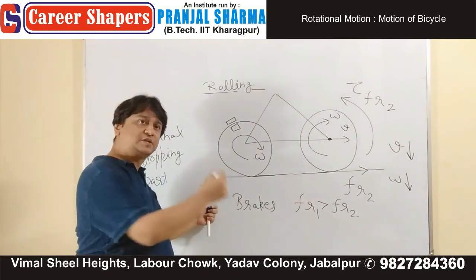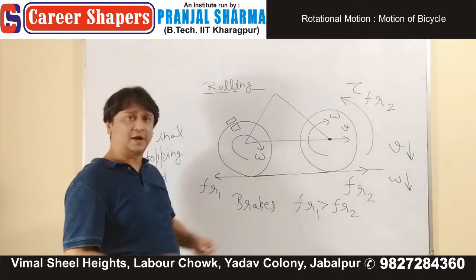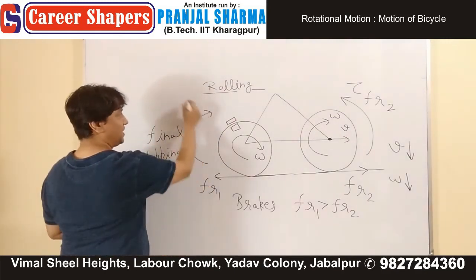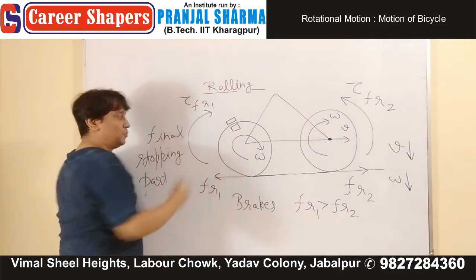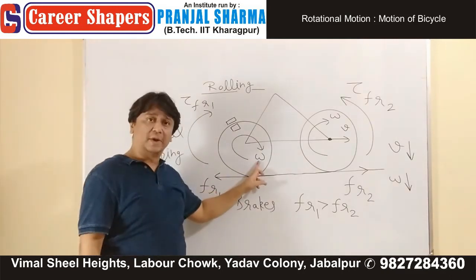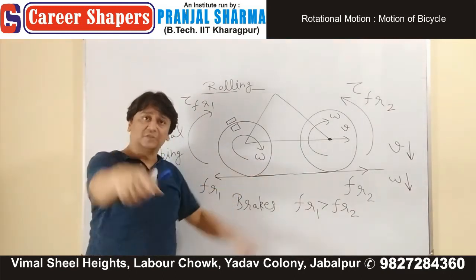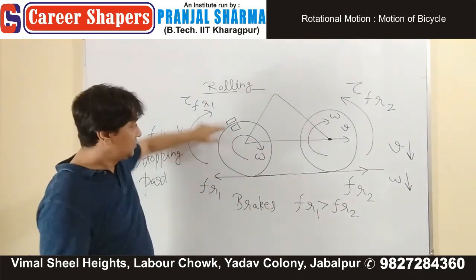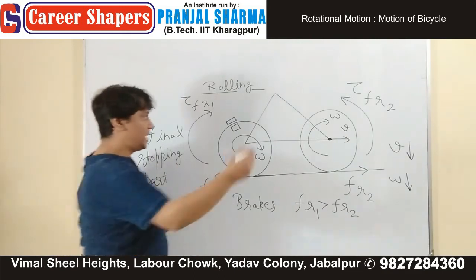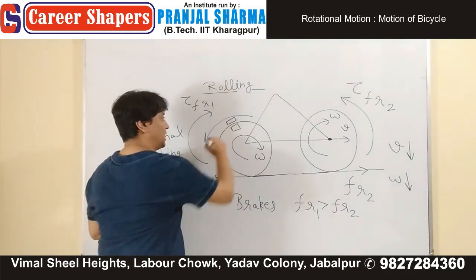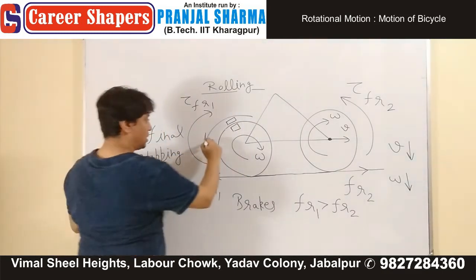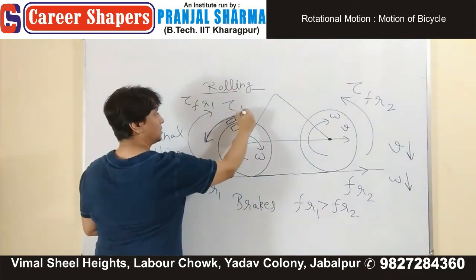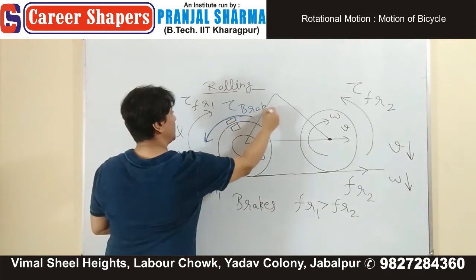FR1 in this case is trying to support this omega. Look at the sense of rotation. This is the torque of FR1, which is basically increasing omega, trying to increase. And therefore, you need to press these brakes hard. These brakes produce a backward torque like this. This torque, which you see in the blue, is the torque produced by the braking action.